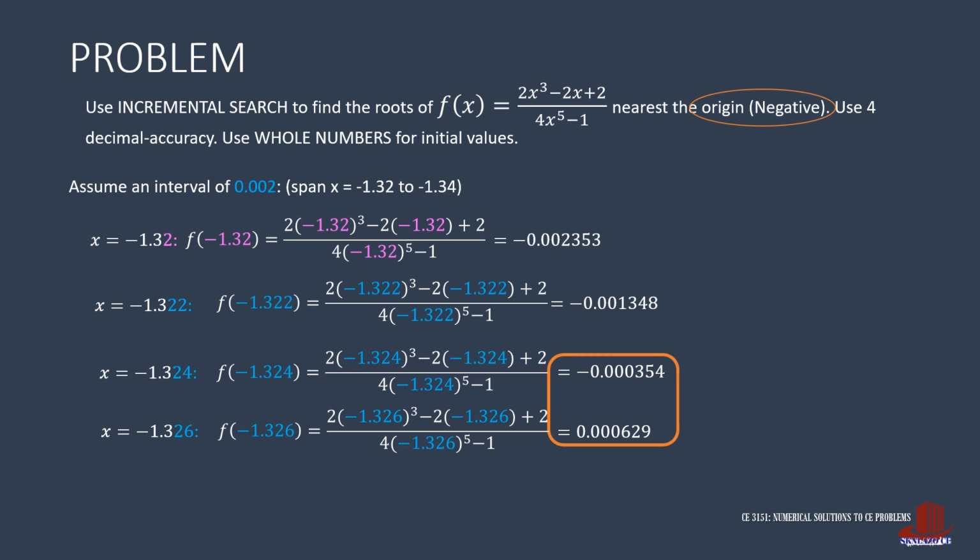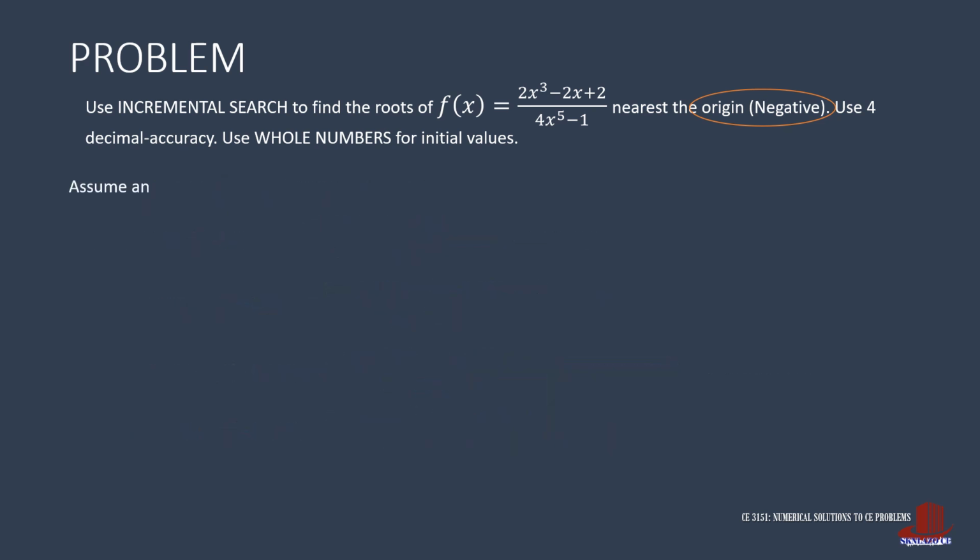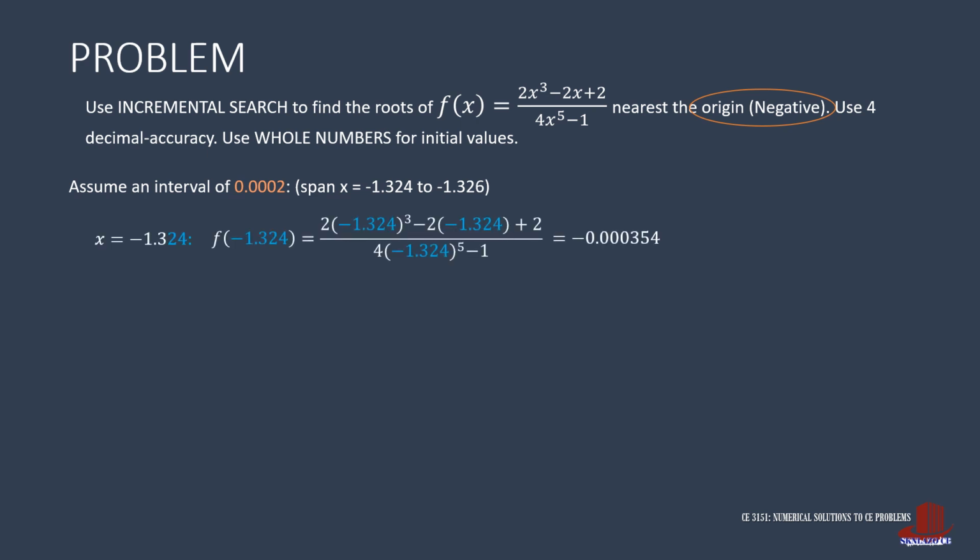For the next iteration, we start with the upper limit of x as negative 1.324. Having a smaller interval, we use increments of 0.0002 and starting with the upper limit of x as equal to negative 1.324.